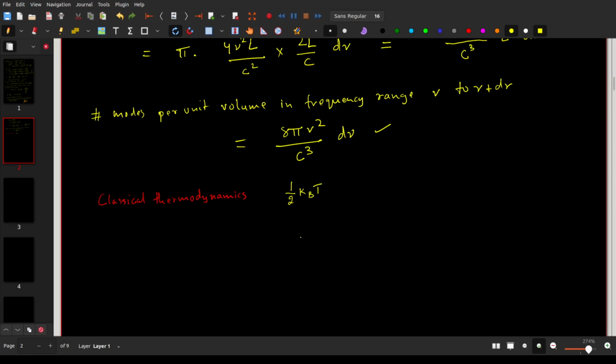But since for each mode we have both electric and magnetic fields, each will contribute 1/2 kBT. So we'll have 1/2 kBT plus 1/2 kBT contribution coming from the magnetic component. So the energy contribution from each mode will be kBT.